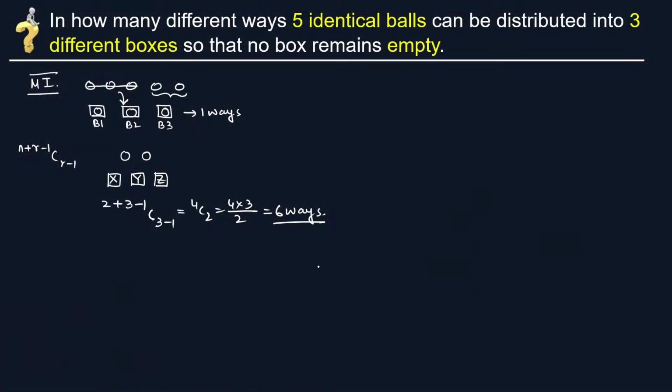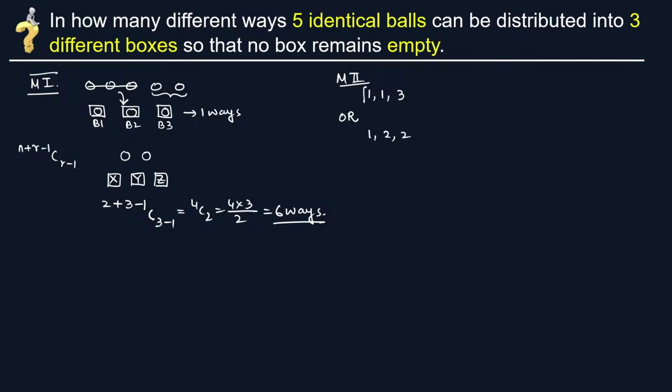Is it clear? Okay, so let me try to do it by another method. We have been given 5 identical balls and they have to be distributed into 3 different boxes so that no box remains empty. Let me first make groups of 1, 1, 3 or 1, 2, 2.